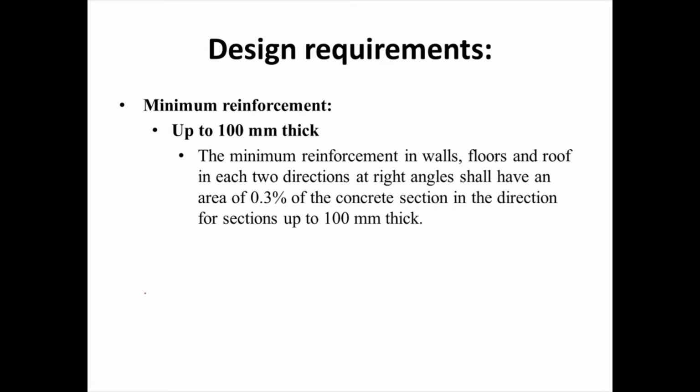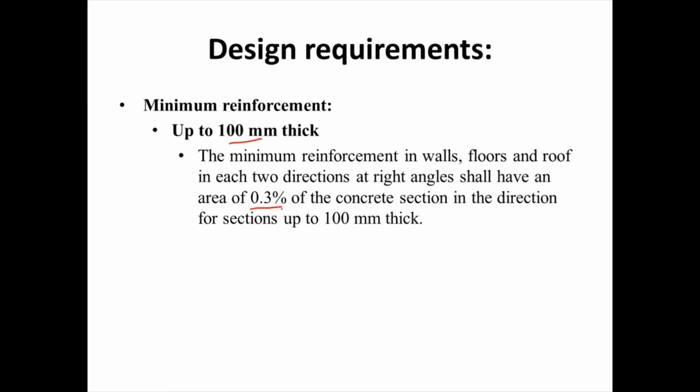Here the minimum reinforcement depends on the thickness of the wall. For a thickness up to 100 mm, meaning your water tank wall is not more than 100 mm, the minimum reinforcement is 0.3% of the concrete section.